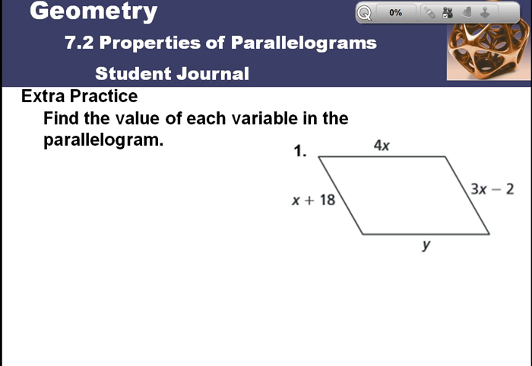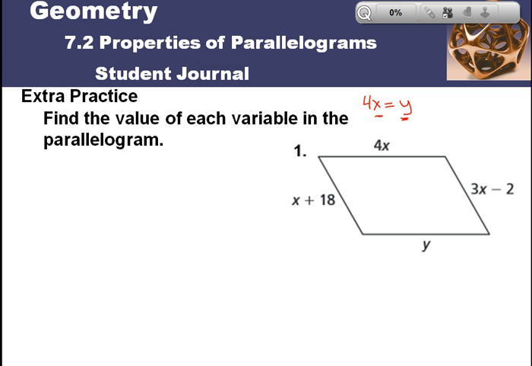So the thing is, I could say that 4x is equal to y, but that would lead me to a problem because I'd have two letters in the same problem, right? I can't really solve that because I have two different variables.